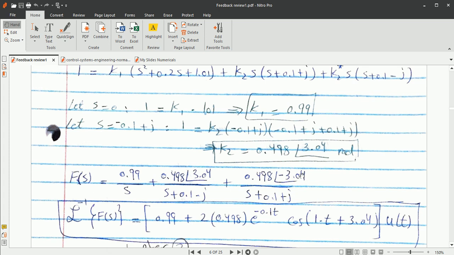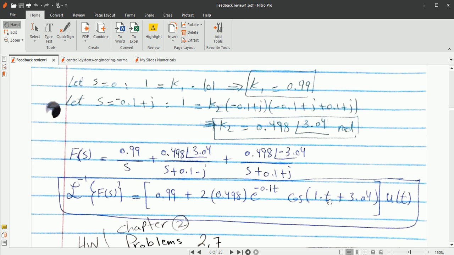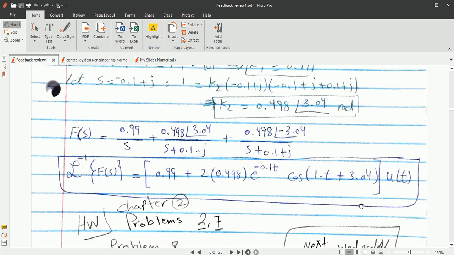That 3.04 is basically this angle, here phi. We will discuss it further ahead because it will be somewhat difficult for you to understand at this point. You multiply it with 2 and 0.498, so 2 into 0.498 e raised to the power minus 0.1 t, cos of omega t plus 3.04, the angle. So this is the response of this system.